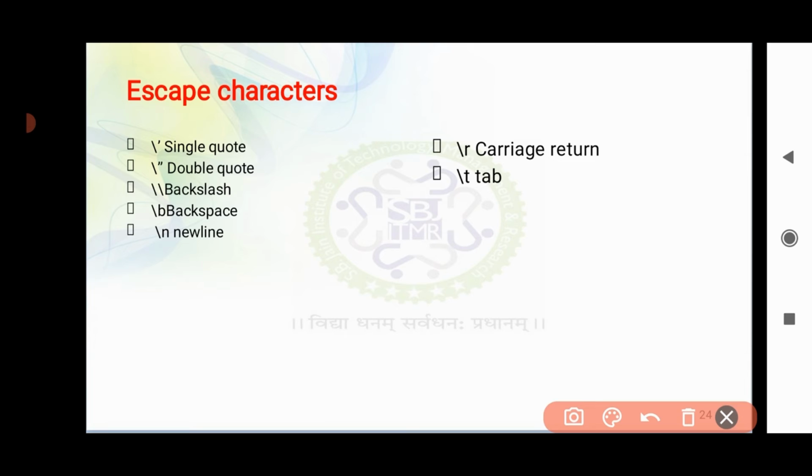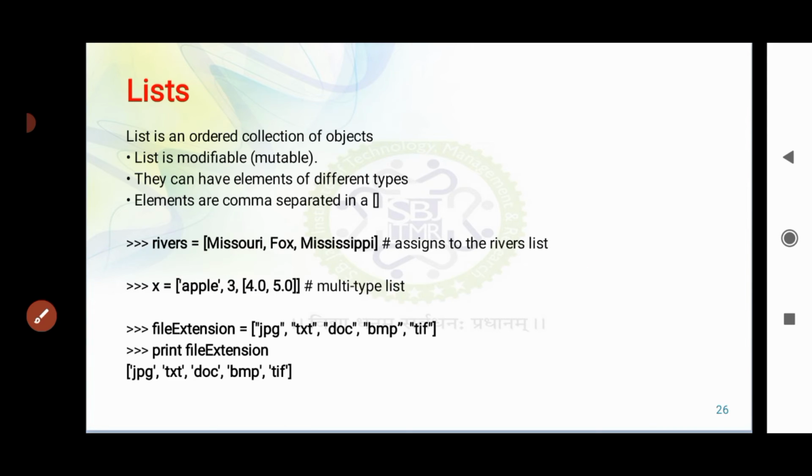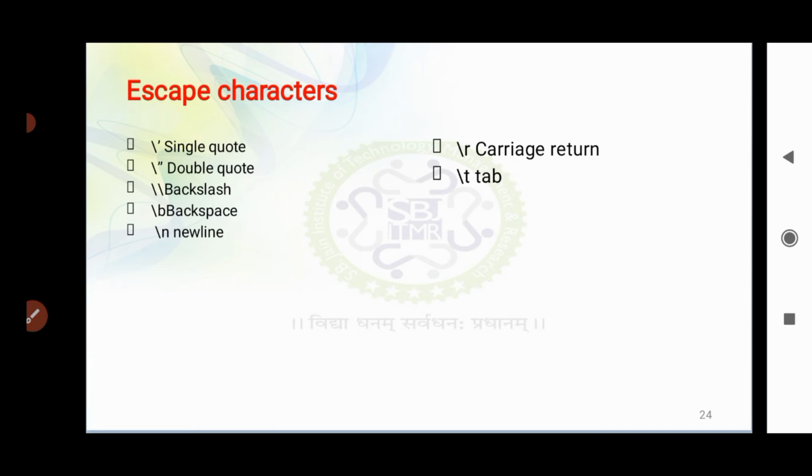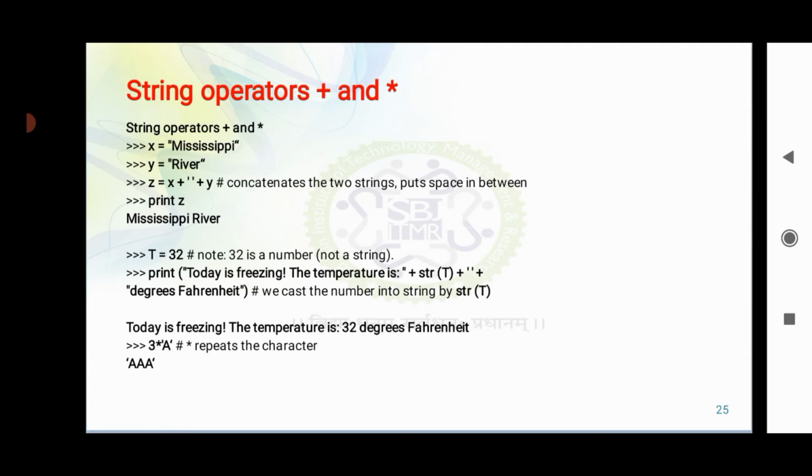Next we have string operators. What are the different operations that can be performed on strings while programming with Python? As you can see here, how the plus, that means addition, and the multiplication will work with respect to strings.